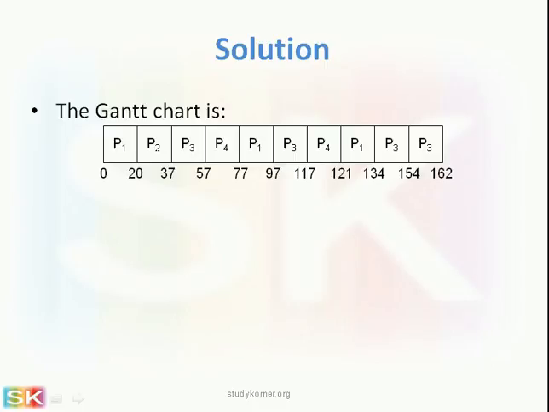P2 was finished, so then P3 will be executed, then P4, and then again P1 will be executed for 13 units of time, then P3, and then P3 again, because P3 is the only remaining process at the end. So P3 will continue its execution up to termination, right?